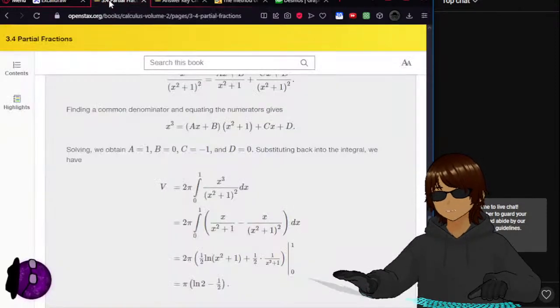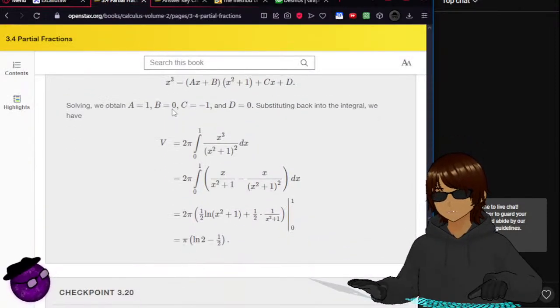Let me see if this is correct. Pi ln of 2 minus half.